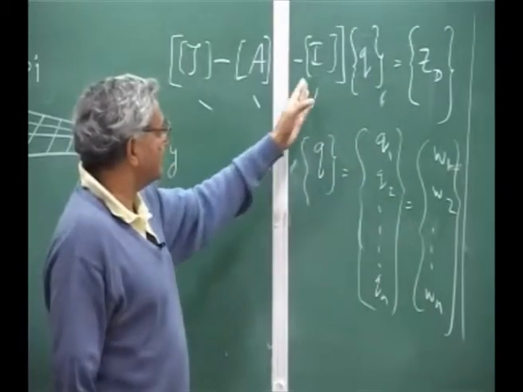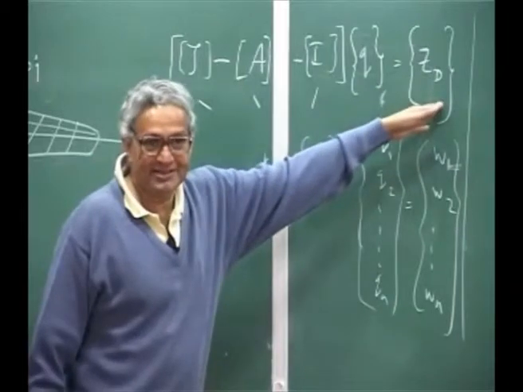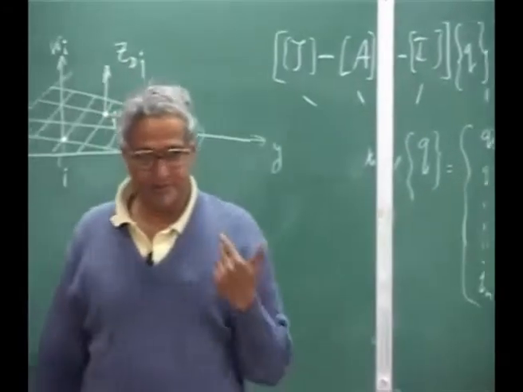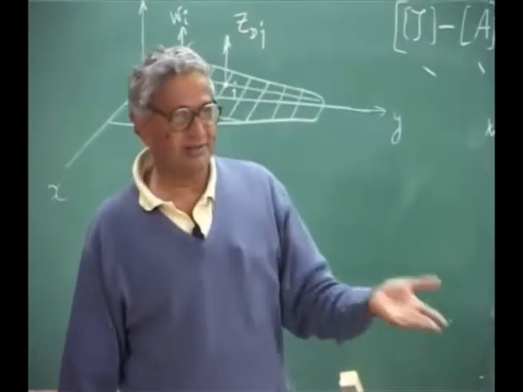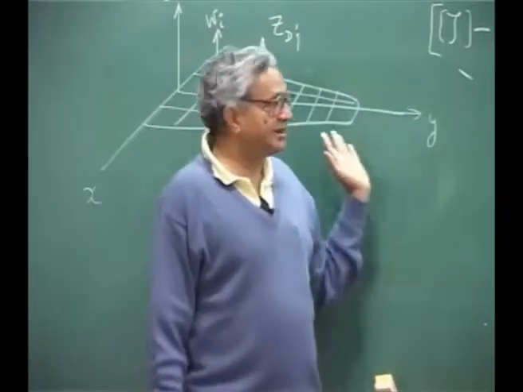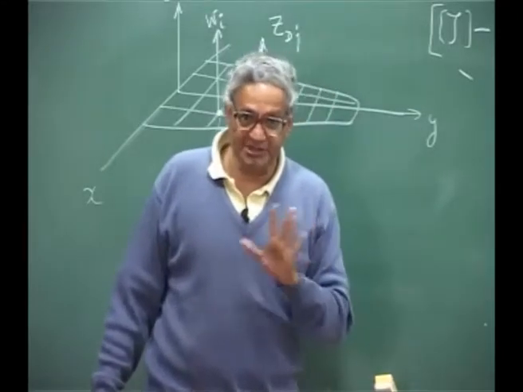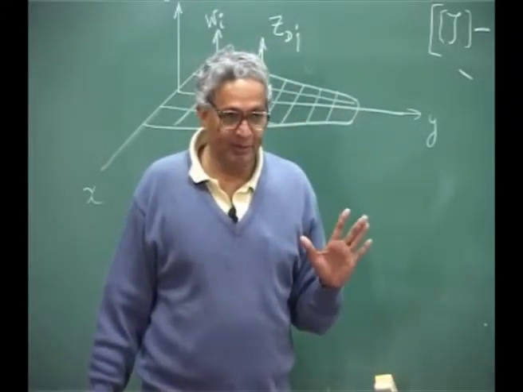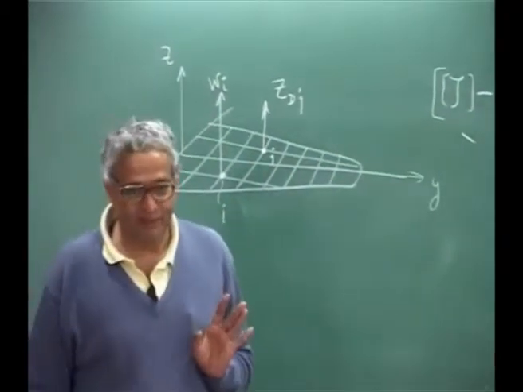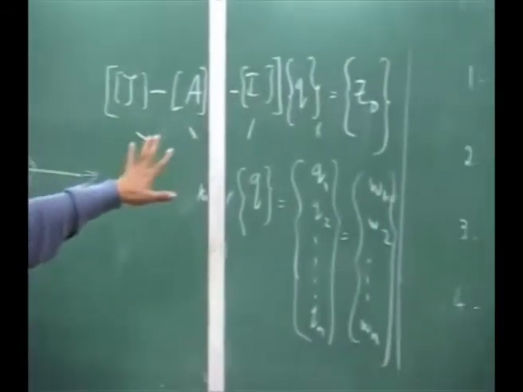Here this will become like a stiffness matrix, because stiffness into deflection is force. So it is a stiffness influence coefficient, or flexibility influence coefficient. Now, I am trying to satisfy my equation only at n locations on the structure. This is the direct collocation method.